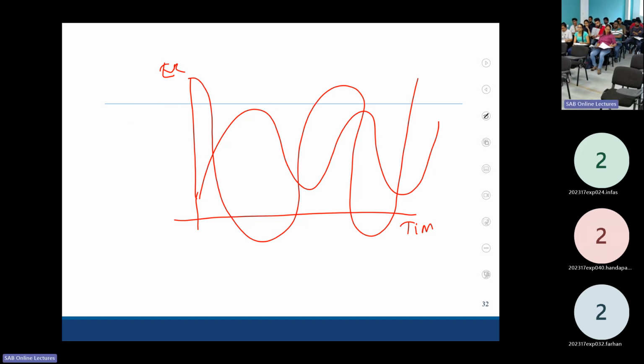Now, if you take the time period from here to here, the X stock return is increasing and Y is decreasing. Y is going down. If you take the period from here to here, one stock is increasing and the other stock is decreasing. They are negatively related.